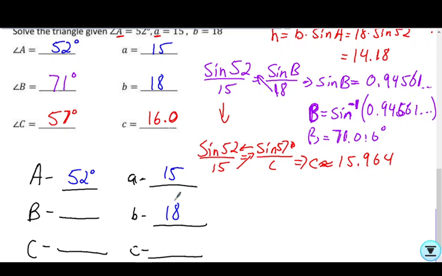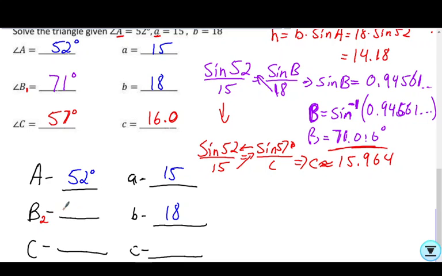Let's call the first one B1 and this one B2. Whatever side length they give me that doesn't have an angle that matches it, that's what you have to find next. If we did the exact same thing and set up a law of sines using 52, 15, and 18, we'd get 71 again. So we have to do something different this time.